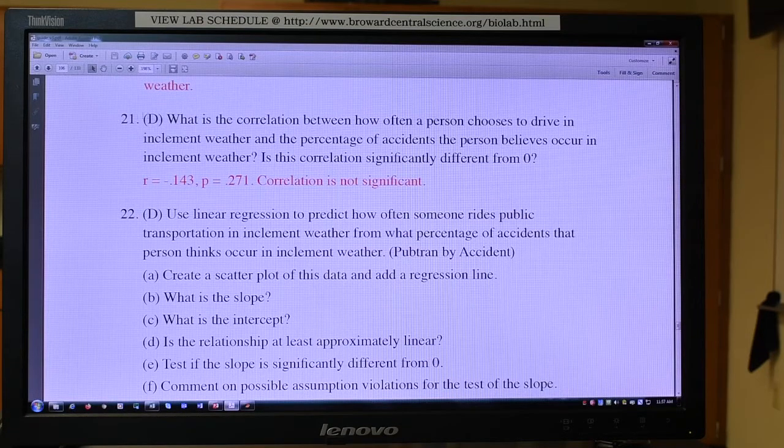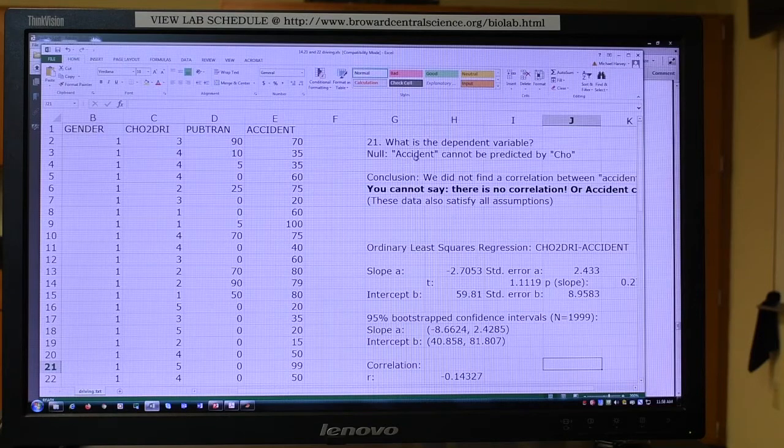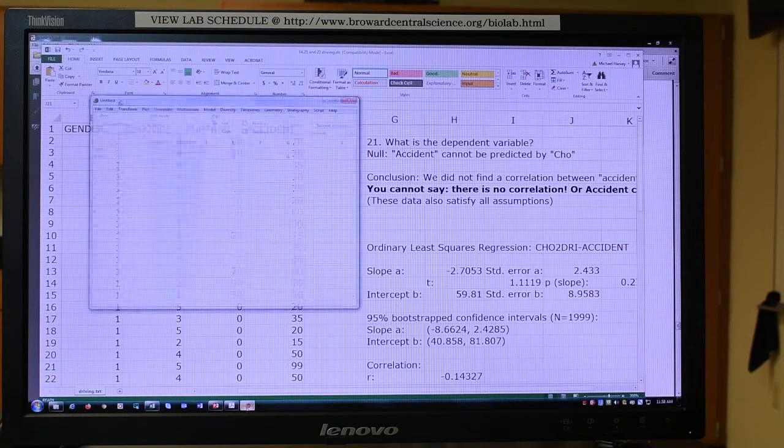All right, so looking at question 21 here, the way I interpreted this is that accidents is, let's see, now I'm already forgetting what I did because it's such a confusing question. Accidents is the dependent variable and choose is the independent variable. Let me see if that's the way I've got everything.